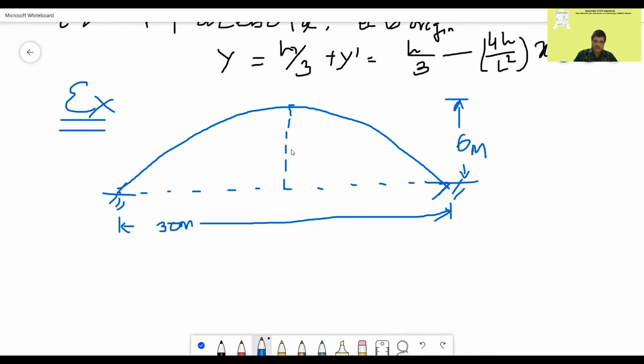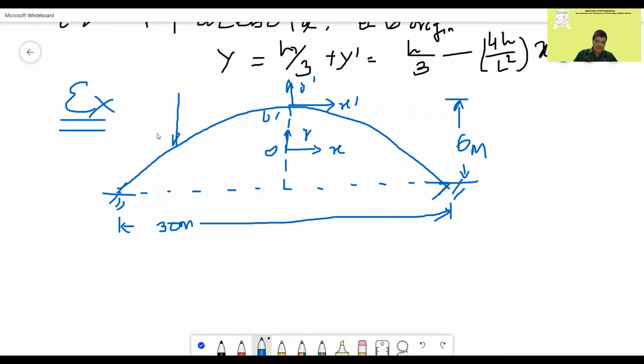Now if you take here the elastic center, your O will be taken here, then X and Y, and if you take O dash here, it will be X dash, Y dash, as we have derived just now. Now there is a concentrated load acting here.